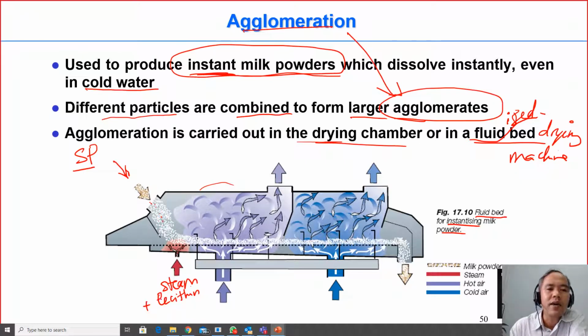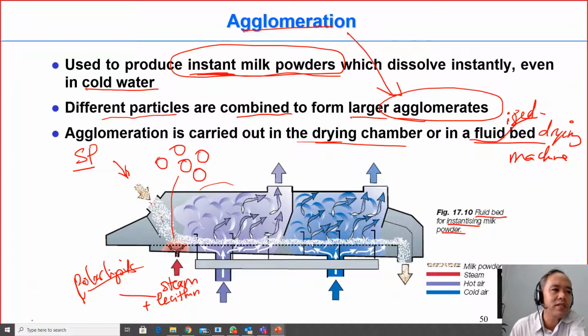Lecithin is a kind of food additive. It's actually a mixture of phospholipids from soybean, for example. And then they mix here, and the particles become a little bit wet on the surface.